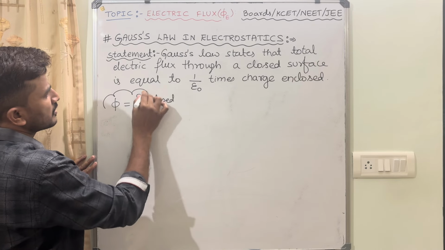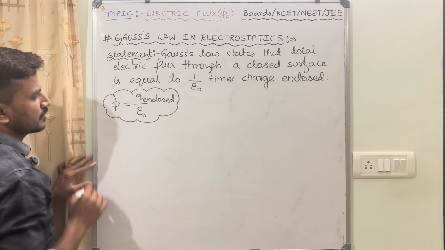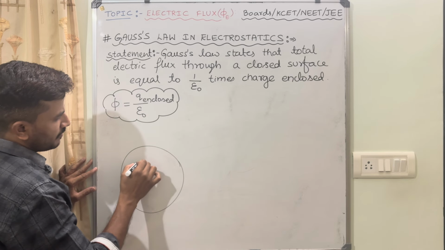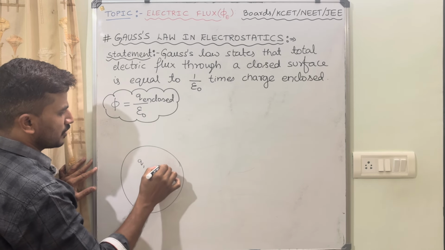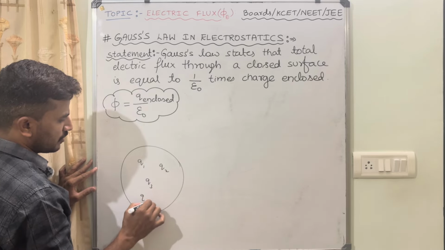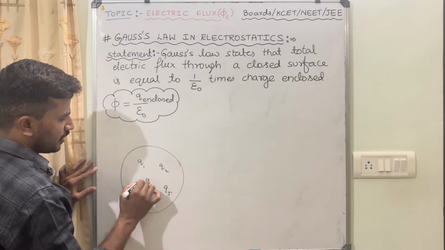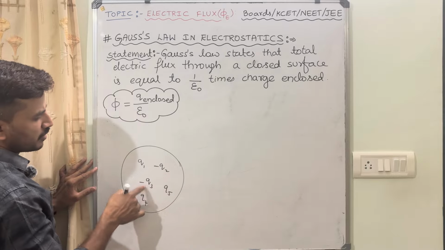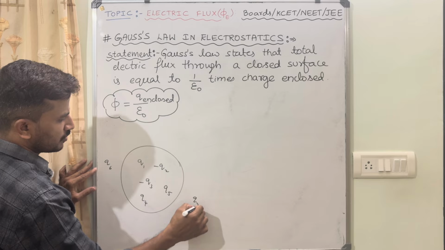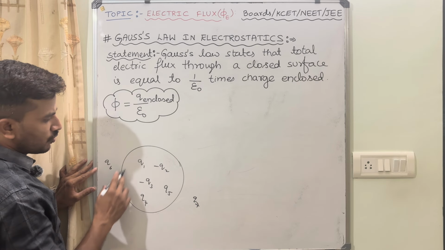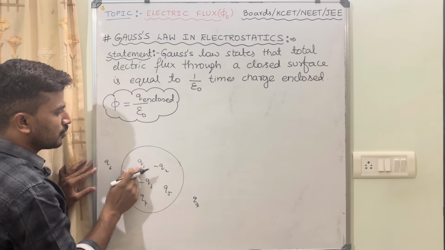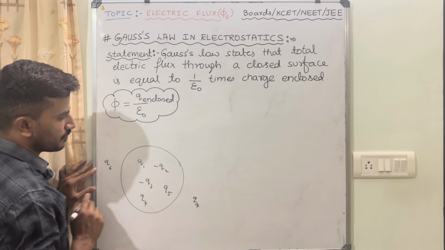Sir, what does it mean, sir? Let me give an example. Let us consider there is a closed surface in which we have charges q1, q2, q3, q4, q5, where q2 and q3 are negative, and q6, q7 are outside. The enclosed charges are q1, q2, q3, q4 and q5.